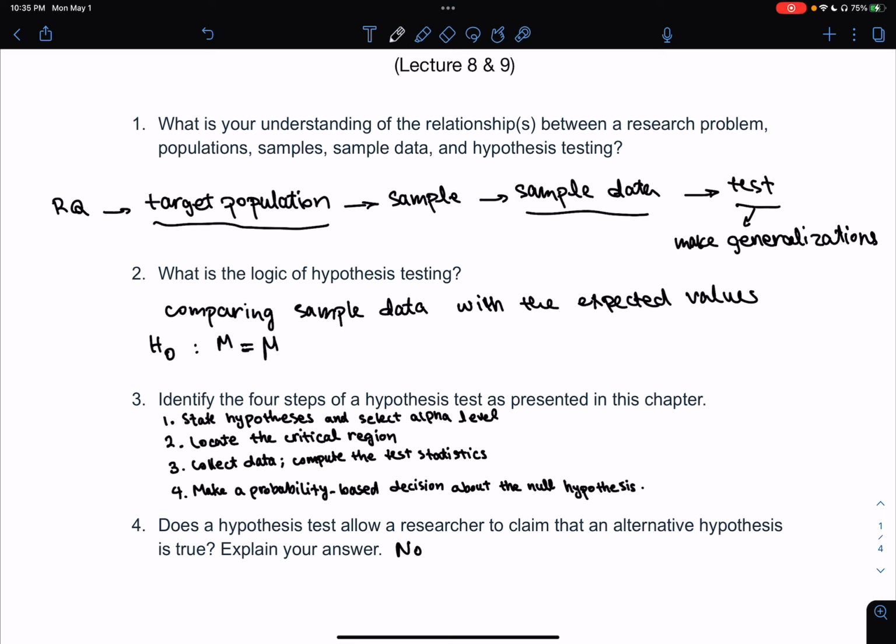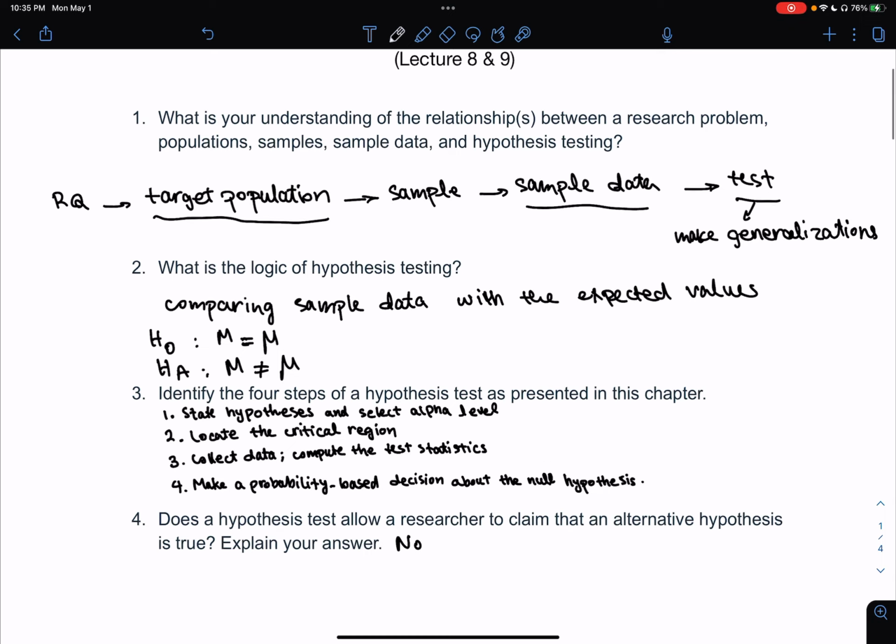And then in the alternative hypothesis, you expect the sample not to be equal to the population. So basically you have these expectations of statistics of the sample data. So you want to compare the sample data of treated people to the population statistics.